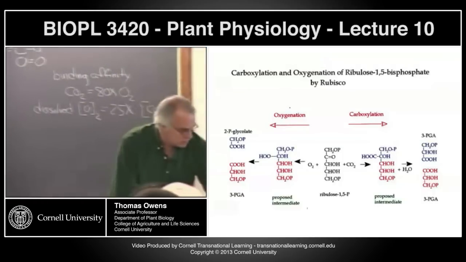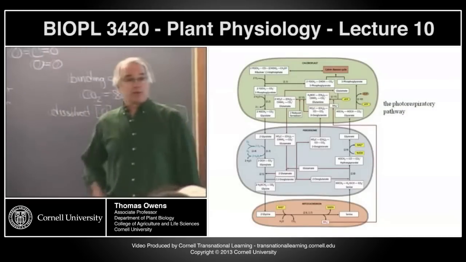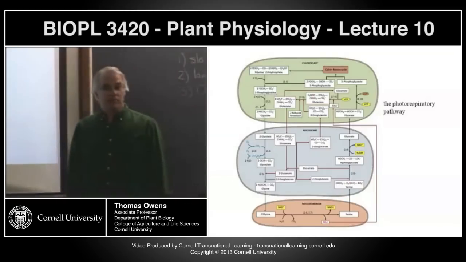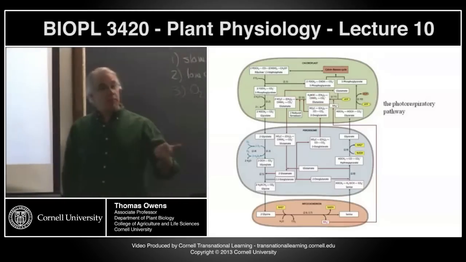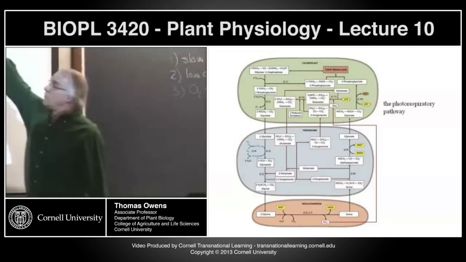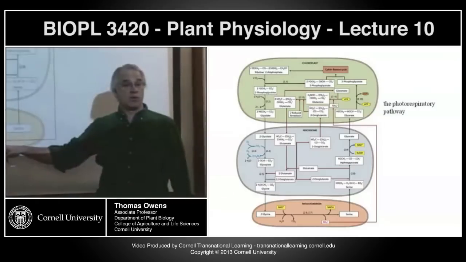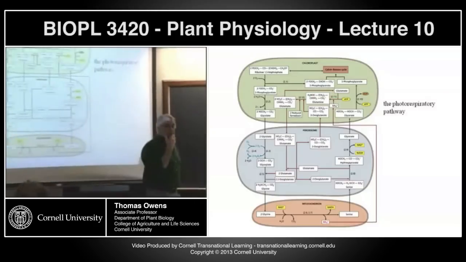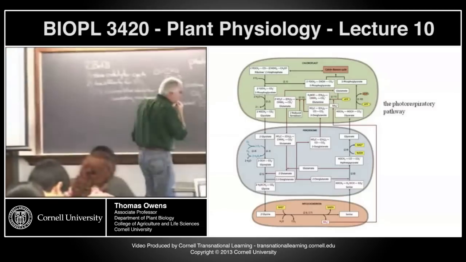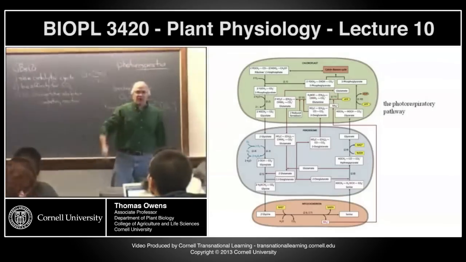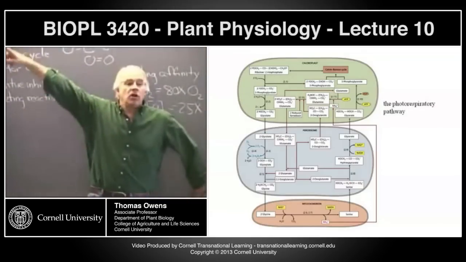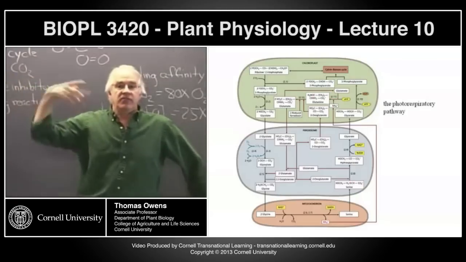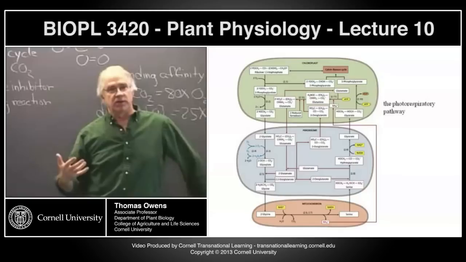Okay, so here's the photorespiratory pathway. And again, I don't want you to memorize anything about this. There's a couple important things that you should see. First of all, it involves 3 different organelles: chloroplast, peroxisomes, and mitochondria. What isn't obvious from this, but probably if you think about it makes sense, is all of these enzymatic steps that function in the photorespiratory pathway have not evolved to be part of the photorespiratory pathway.